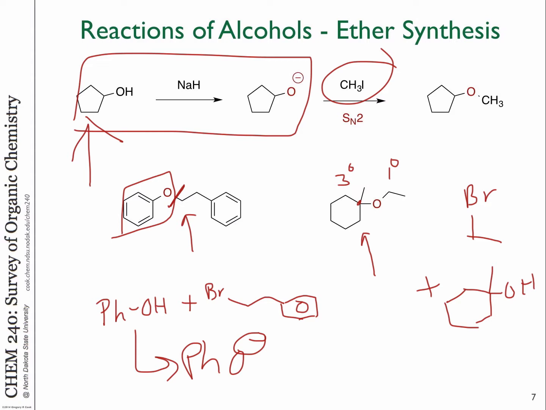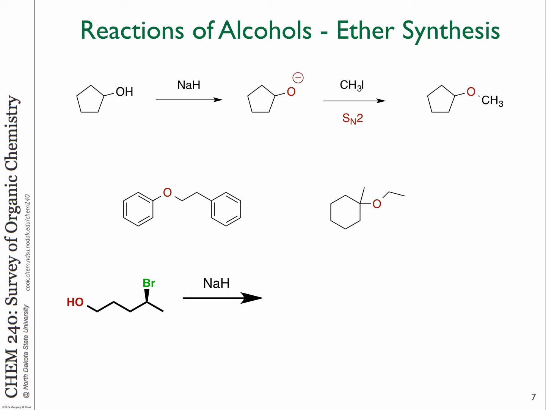Okay. What would happen if we do this? What's the product? If you take this molecule with the OH and a bromine and treat it with sodium hydride.